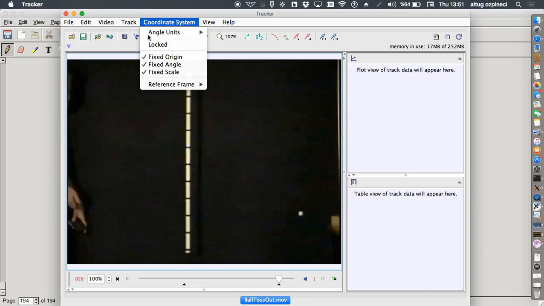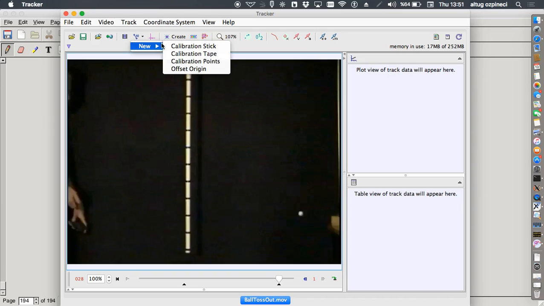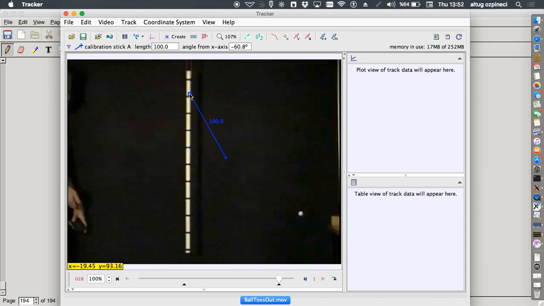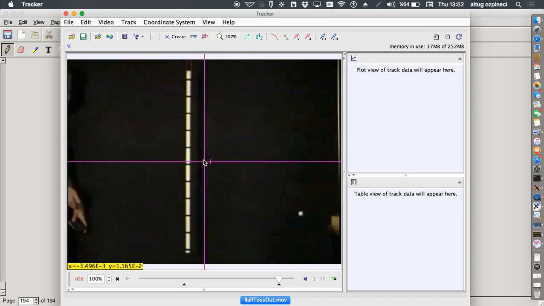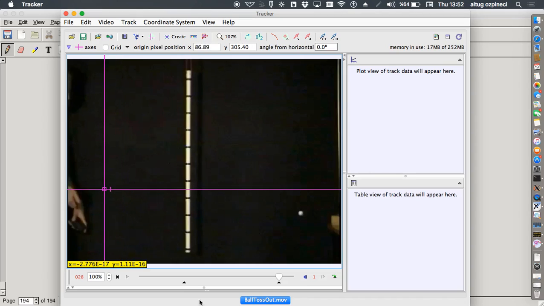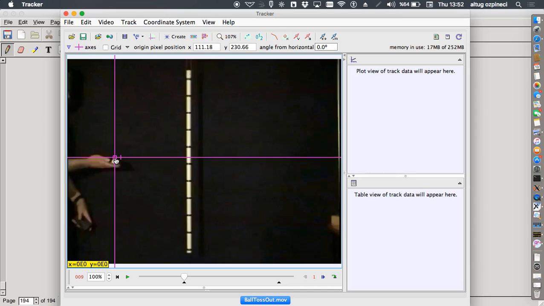Let's calibrate it. Let's choose our axis. And the origin.